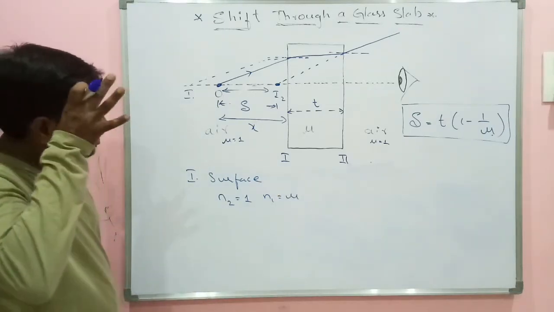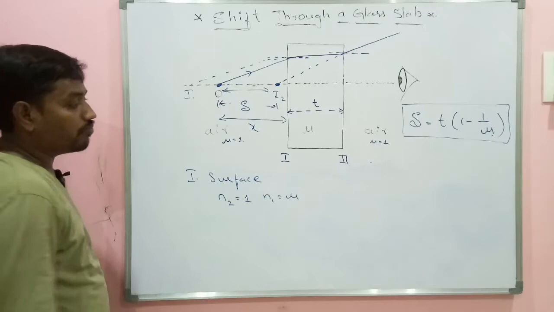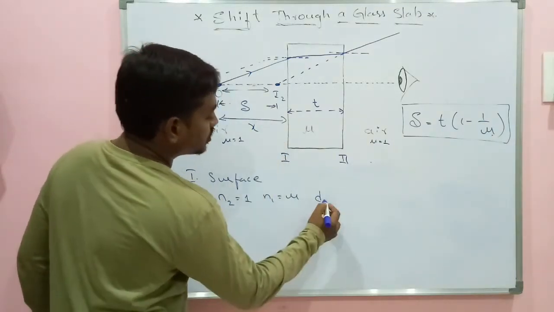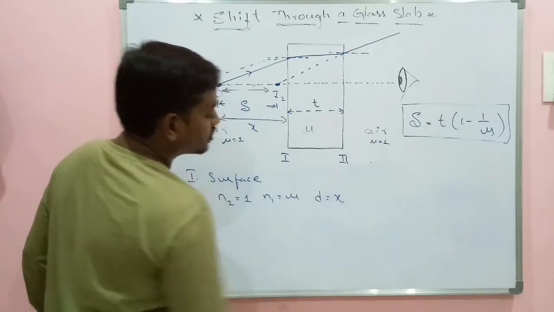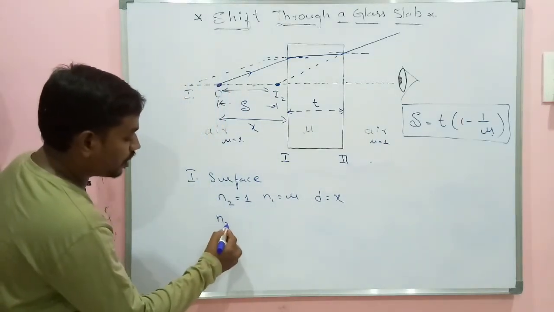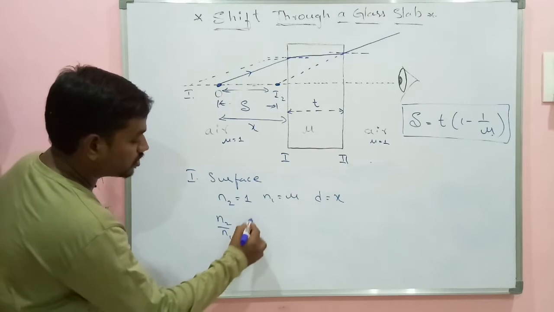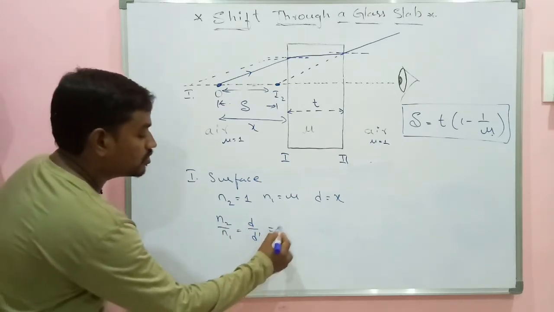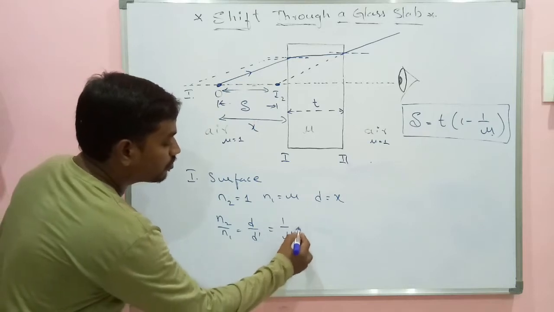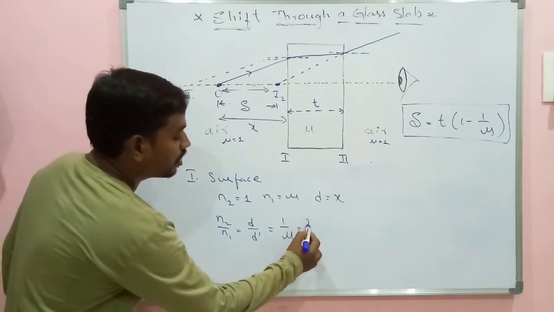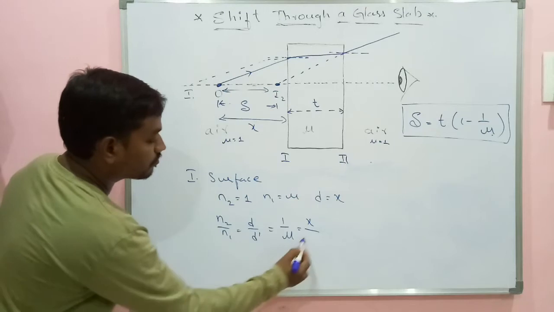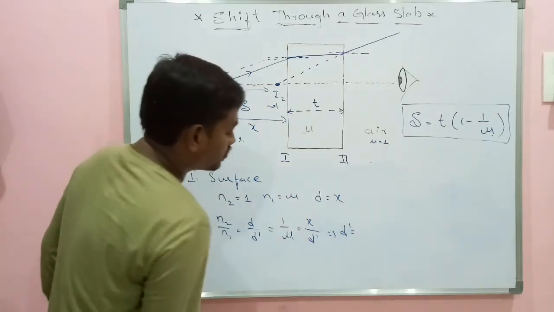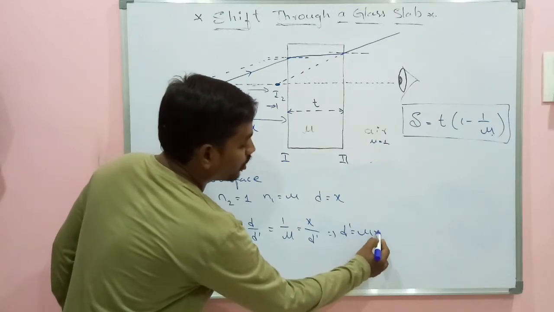Let the object distance d, the real depth, be x. So I can use the formula N2 by N1 equals d by d dash, yesterday's formula. So I can write 1 by mu equals x by d dash. So I'll be getting d dash equals mu x.